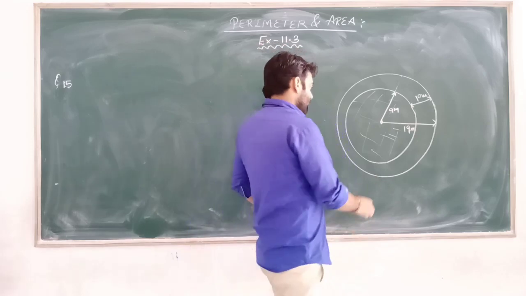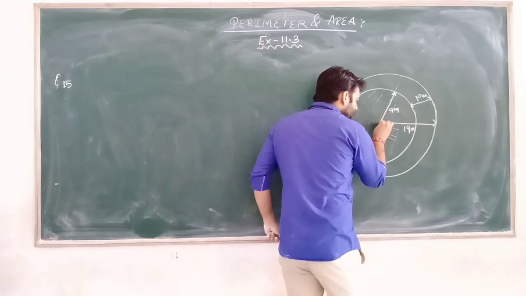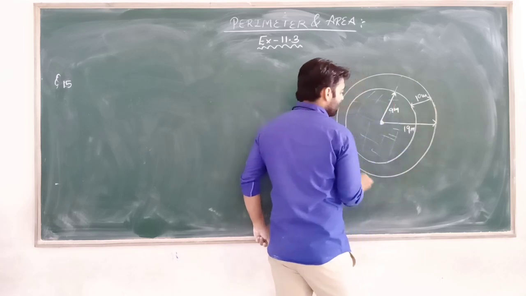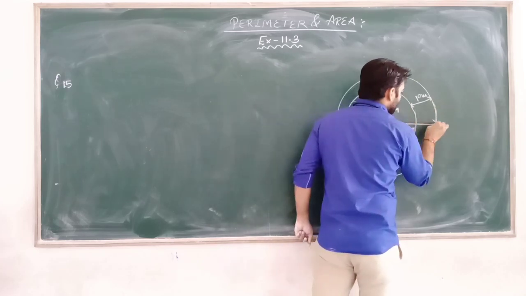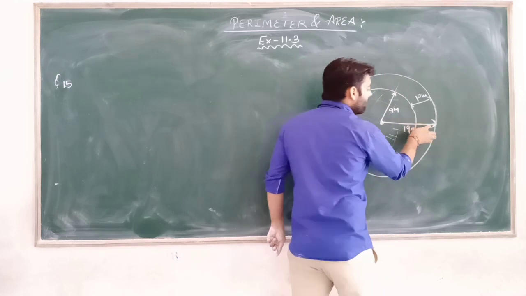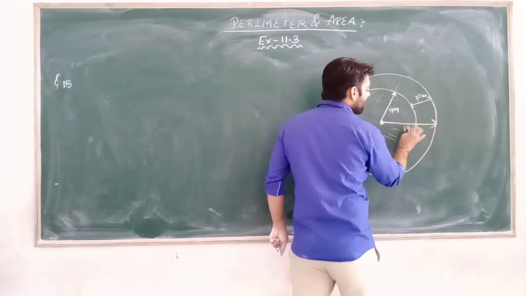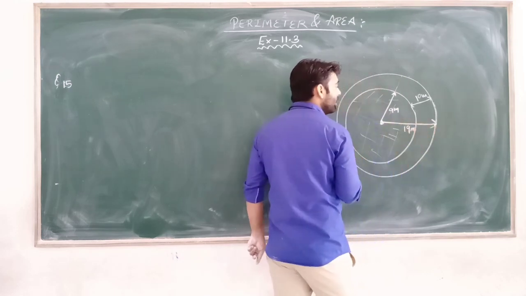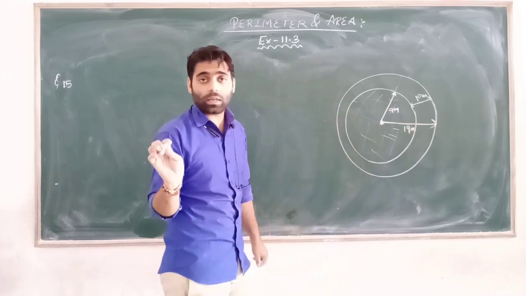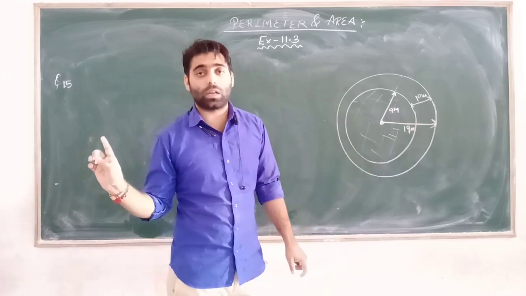For the circumference of the bigger circle, we have to find the radius, which is directly given as 19. But for the smaller circle, there is no radius given at all.